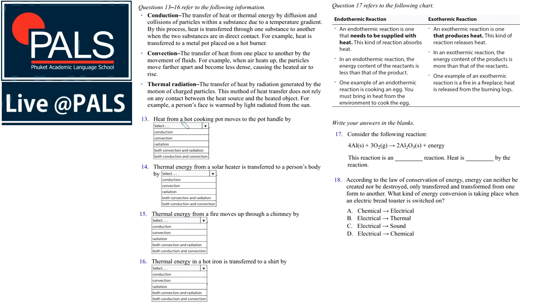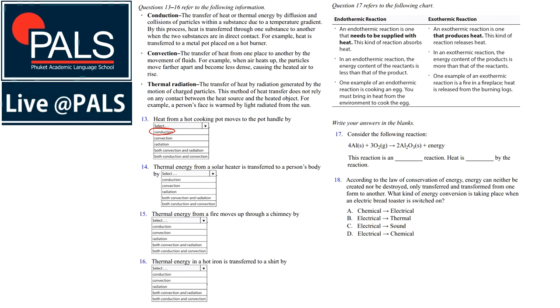Heat from a hot cooking pot moves to the pot handle by, this happens in a solid, direct contact, so conduction. Thermal energy from a solar heater is transferred to a person's body. From a solar heater.